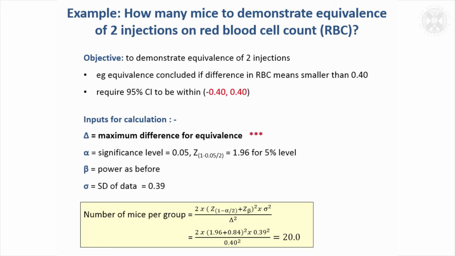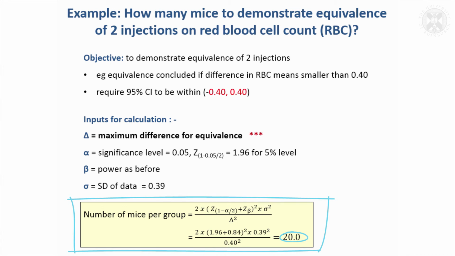And it turns out actually that it's the same sample size calculation you need to be able to get that, because that's effectively the size of the difference you want to detect if it's there, but otherwise, if it's not there, you'll get your confidence interval within that range. So the calculation is exactly the same, and if we're looking at 0.4, then we need 20 mice per group, which is exactly the same as if we were looking for a difference of 0.4.